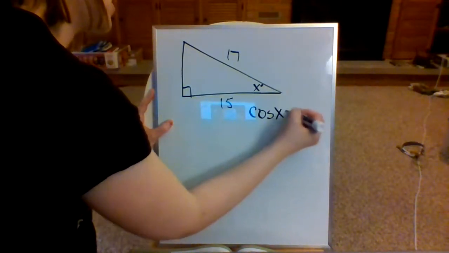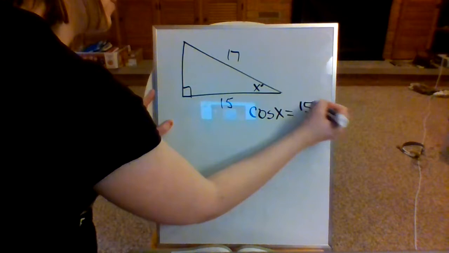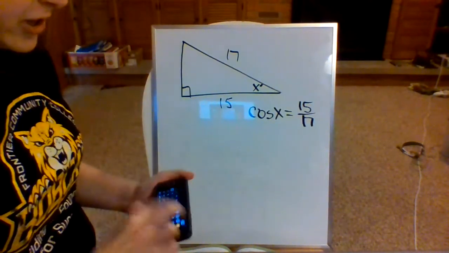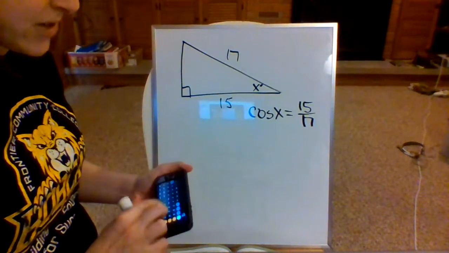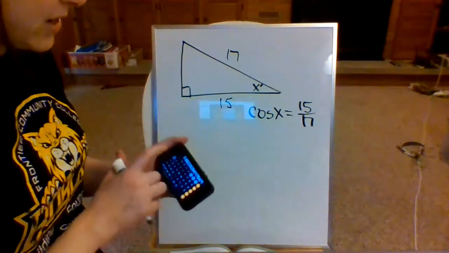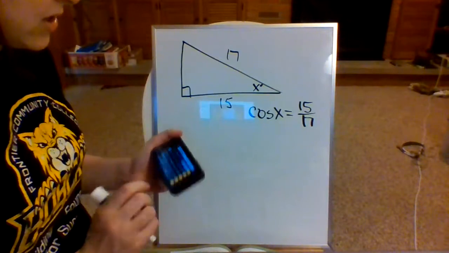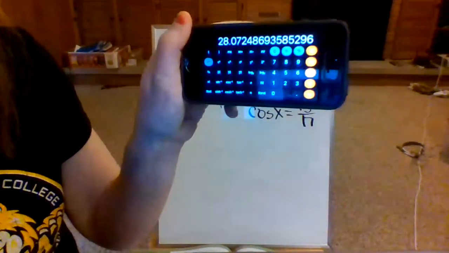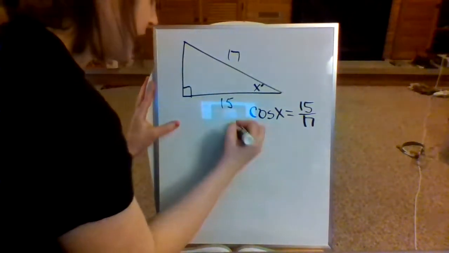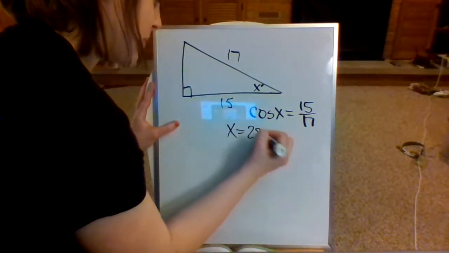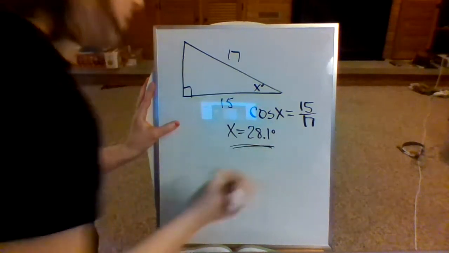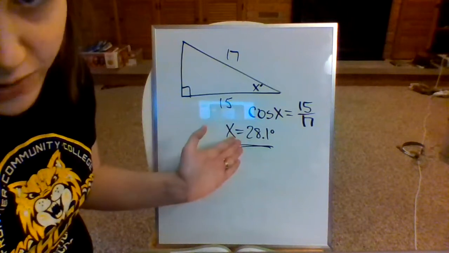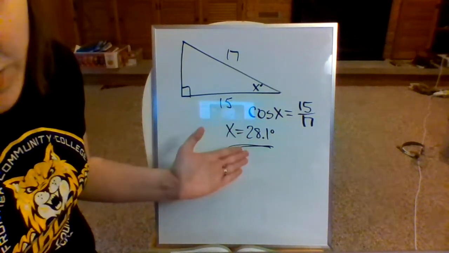So cosine x equals adjacent 15 over hypotenuse 17. So on your calculator, 15 divided by 17, and then second cosine. And it should equal 28.07, but I'm going to round that to 28.1. Okay, so x is 28.1 degrees. Now, sometimes they'll ask you to round to the nearest tenth or the nearest degree. If we rounded this to the nearest degree, it'd be 28.